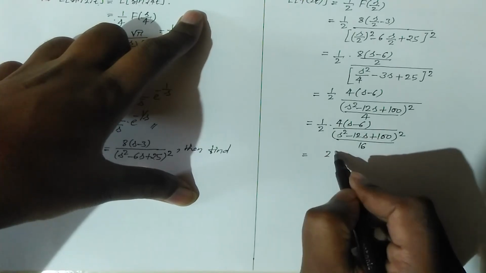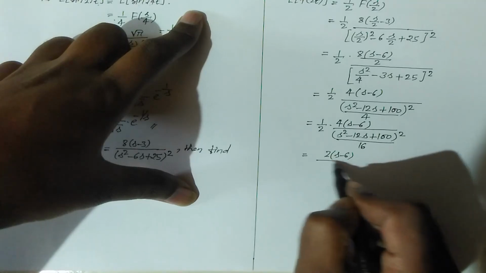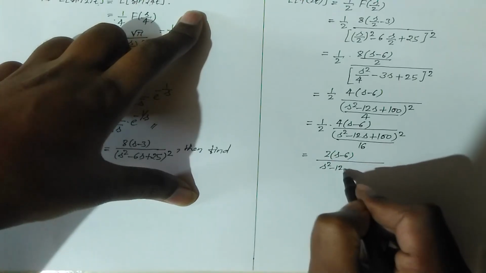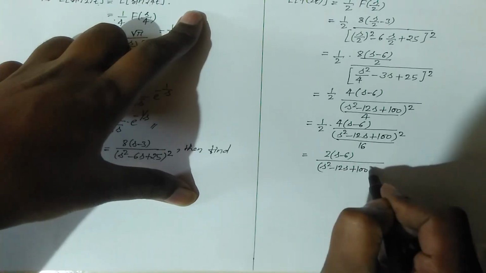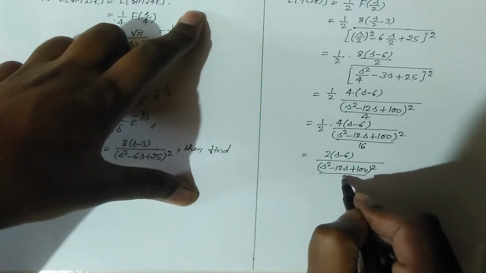So 2 times s minus 6 divided by s square minus 12s plus 100 the whole square, divided by 16.